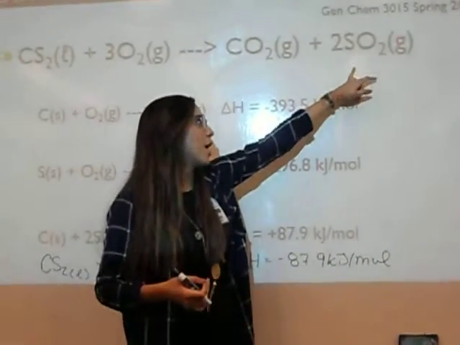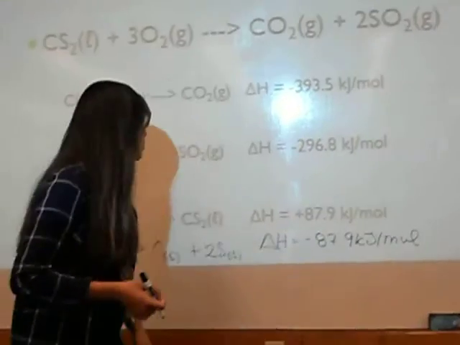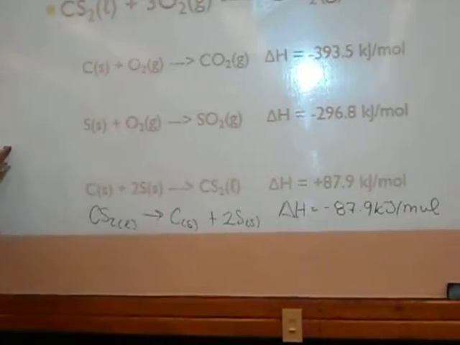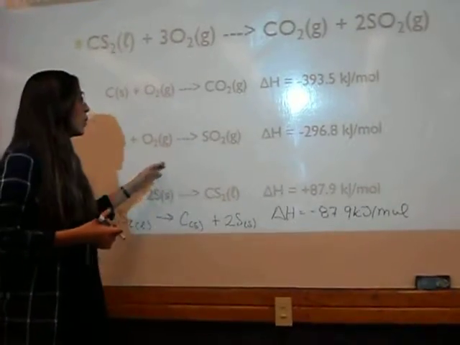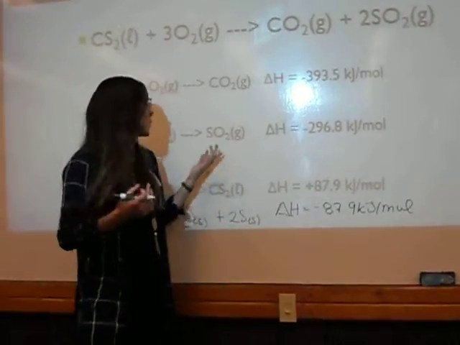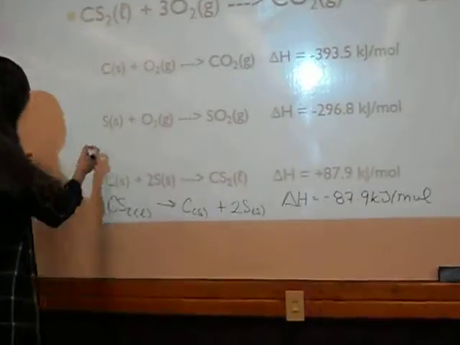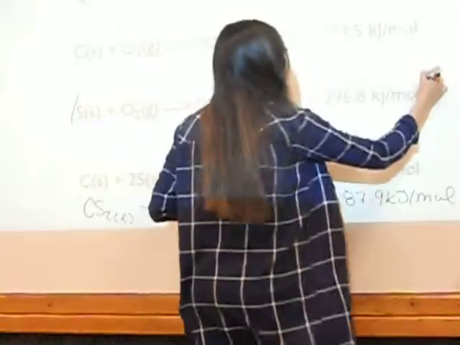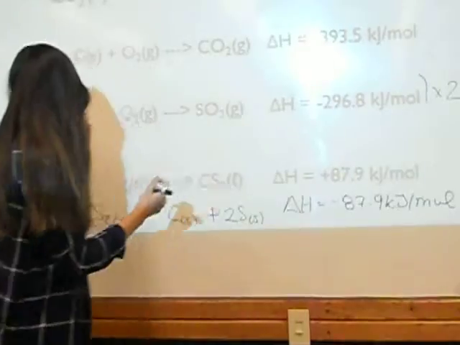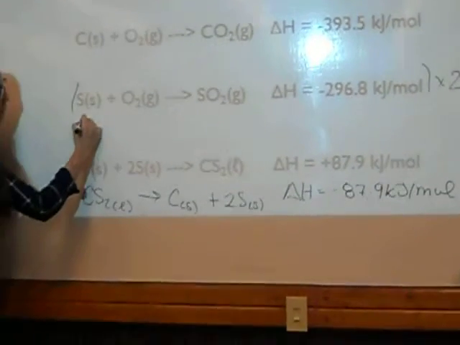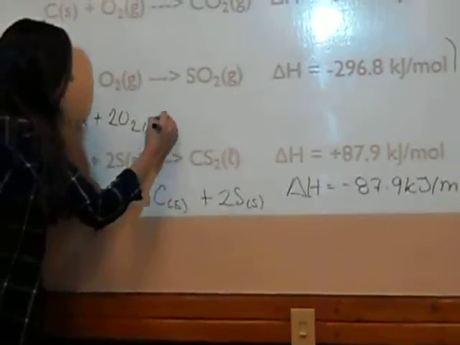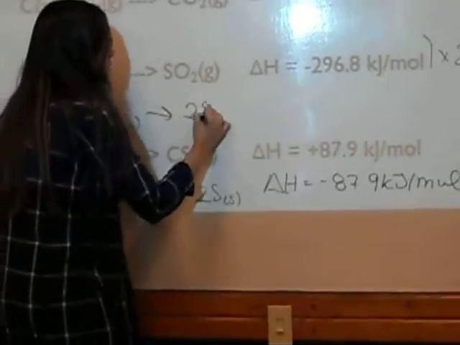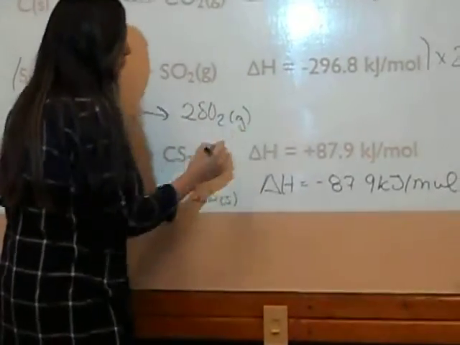I have sulfur dioxide, and I have two of them in gas form, so I'm going to look for SO2. My second equation gives me that, but it only gives me one of them. So I need two of them, so I'm going to have to multiply the whole entire reaction by 2. Then you're going to have 2S solid plus 2O2 gas yields 2SO2 gas.